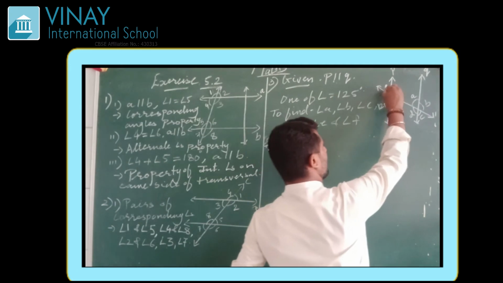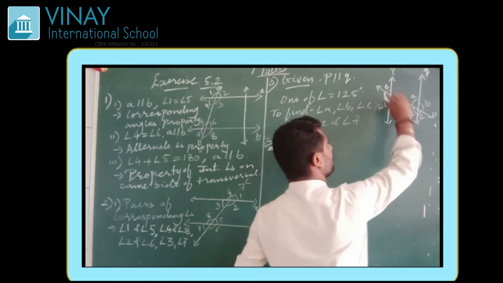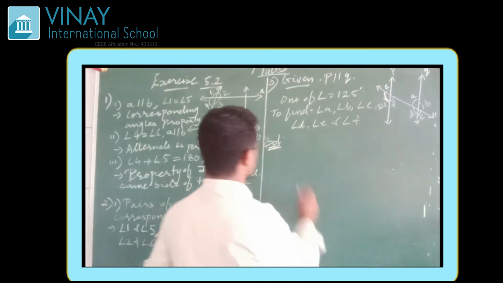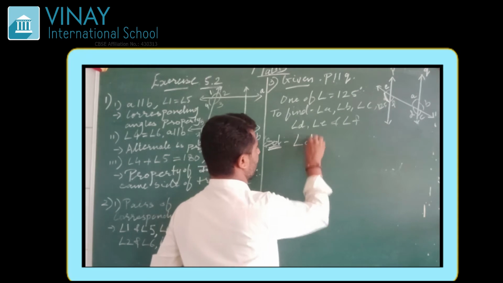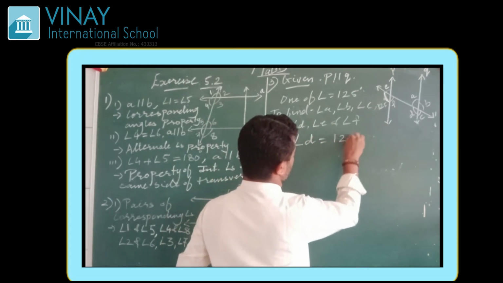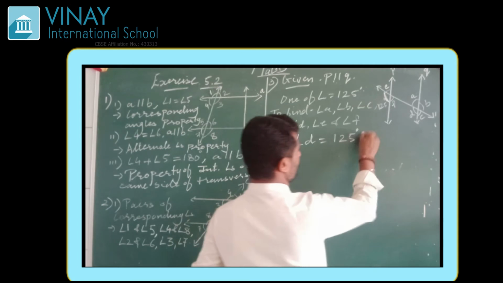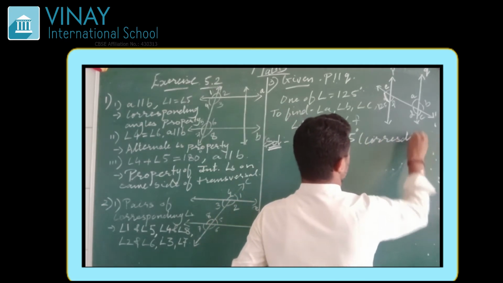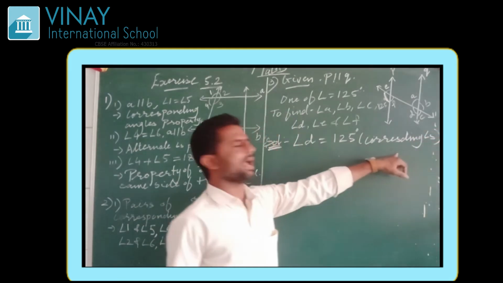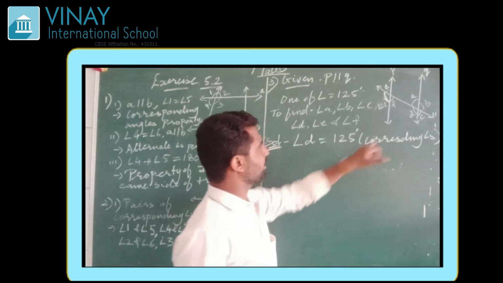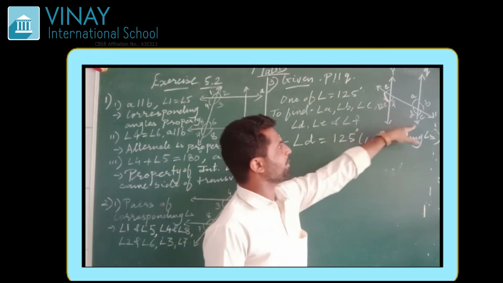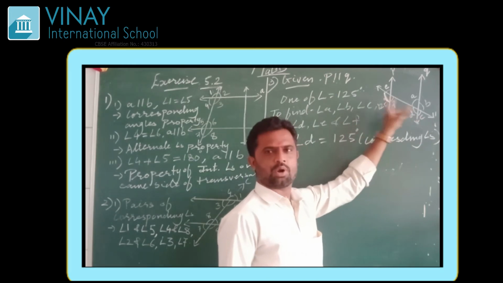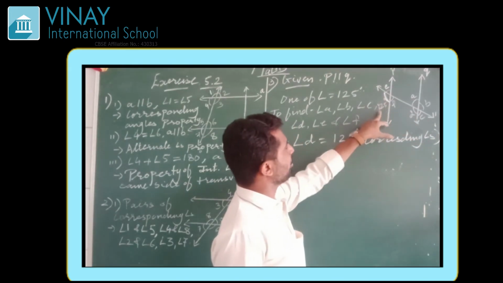So we can see here that this 125 angle is corresponding to angle D. So we can say that angle D is equal to 125 degrees. Why? Because they are corresponding angles. It is very necessary to write the reason why they are equal. Angle D is equal to 125 because angle D is corresponding to this angle. These both are corresponding angles. So angle D is equal to this 125.